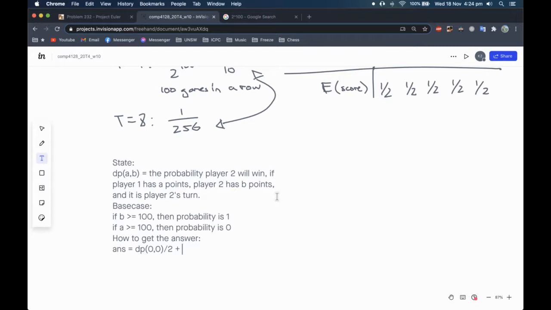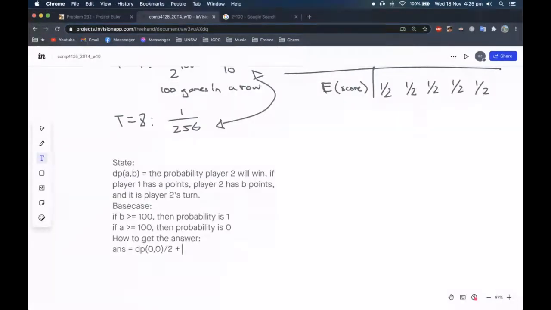So what's the probability of player 2 winning if player 1 wins his first turn? Hopefully this shouldn't be too much more difficult once we know the first solution. I'll repeat the question again. What's the probability of player 2 winning if player 1 wins his first turn?